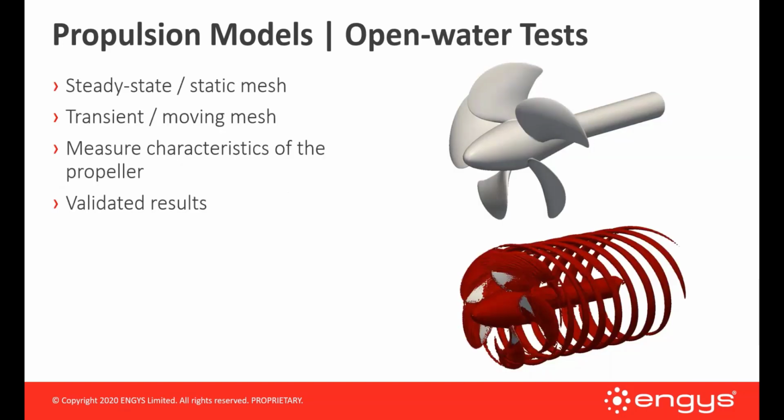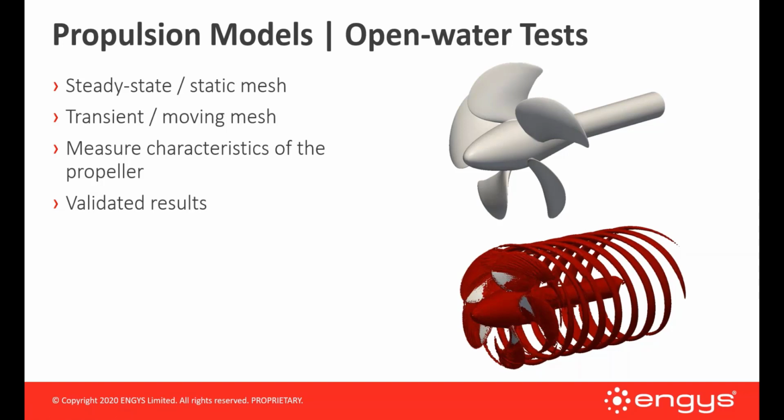Of course, in addition to the self-propulsion models, we do also run open water tests. So we can employ either steady state, static mesh, using MRF, so we can run the full 360-degree span of the propeller, like in this particular case, or we can run just a model sector.